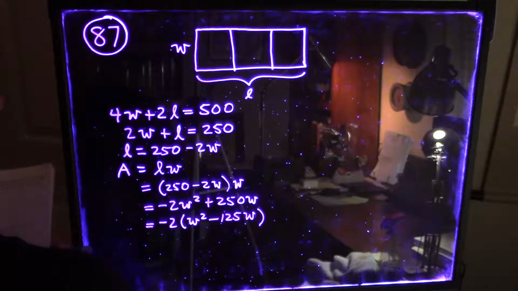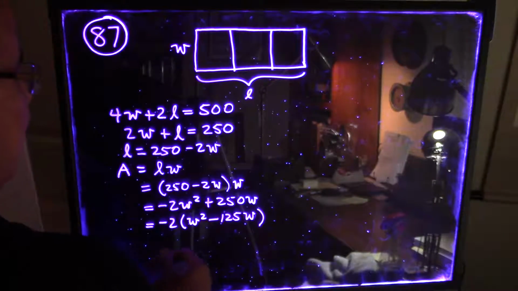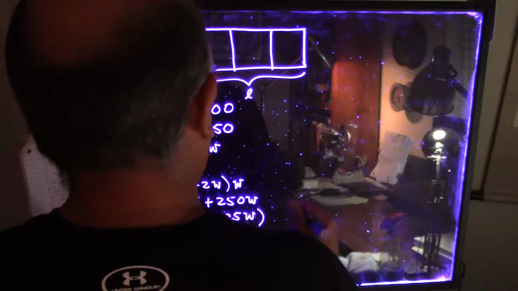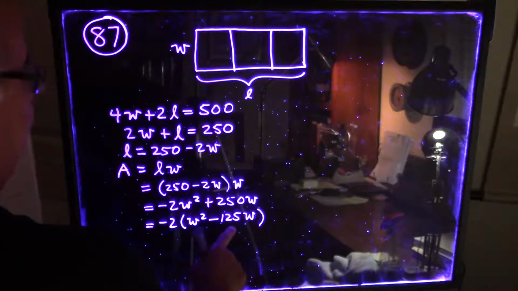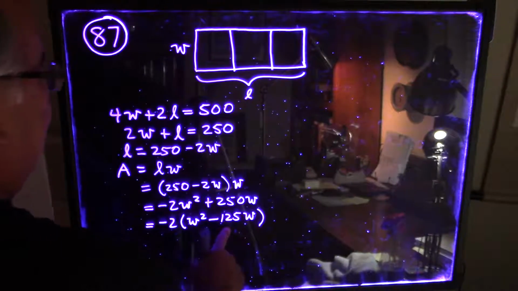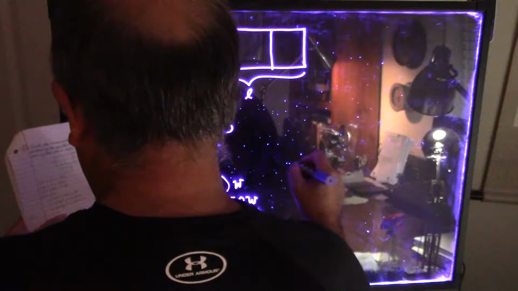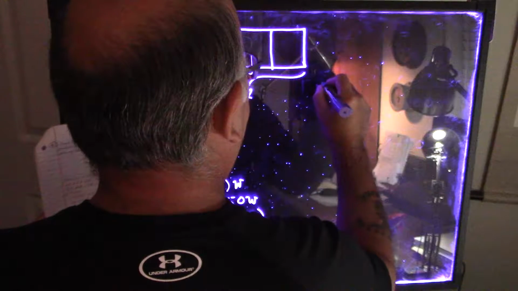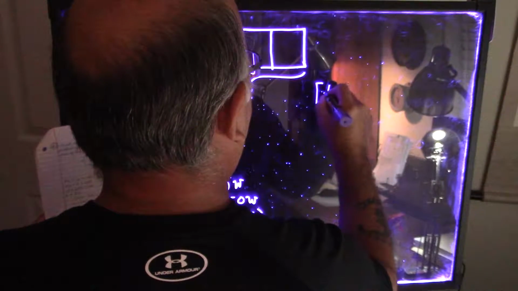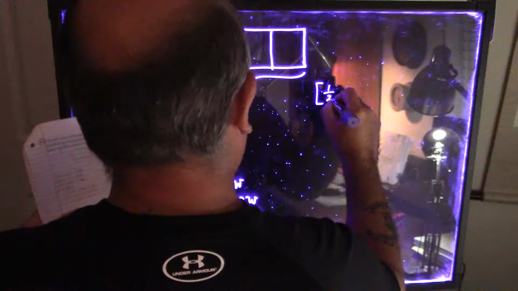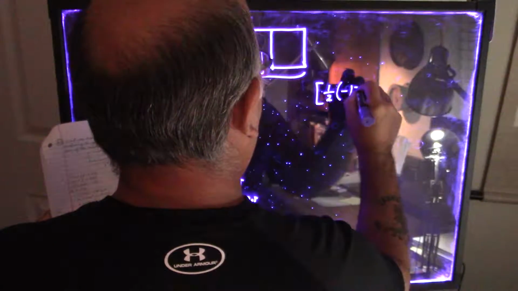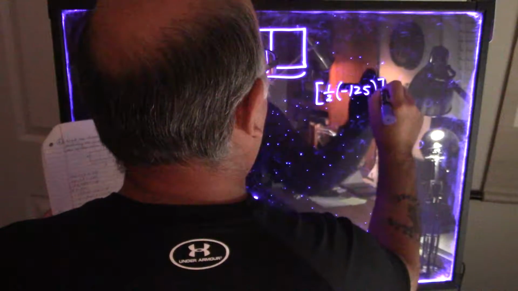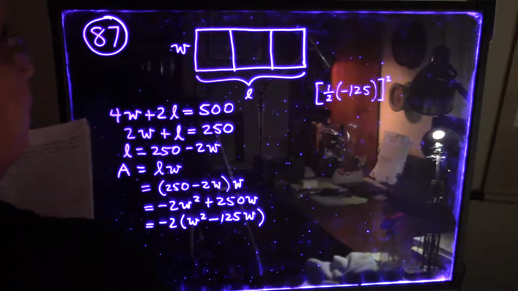Okay, and now I'm going to again use completing the square. Forgive me, but I like this method. And what you do is you take half the coefficient of the W and square it, and add and subtract it inside the parentheses. So half of negative 125 and square that.